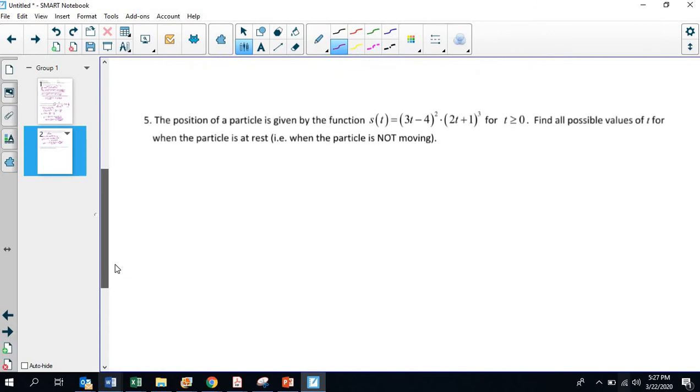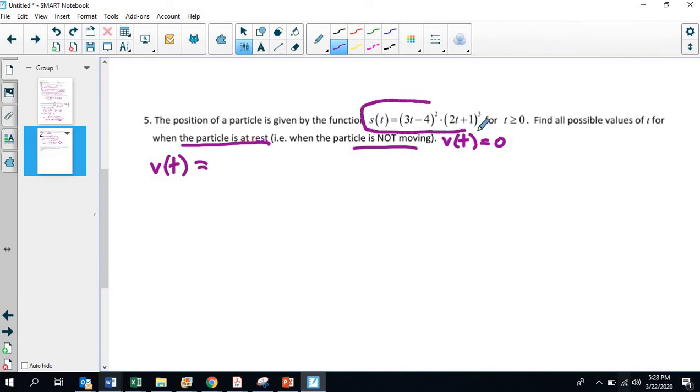Finally, for the last problem here, once again, we want to find velocity because a particle is at rest. It's not moving. What does that mean? That means v of t is equal to 0. So the velocity here is found using the product rule, and you've got the chain rule involved with that. So the derivative of the first, you bring down the 2, 3t minus 4 to the first times the derivative of the stuff inside, which is 3.